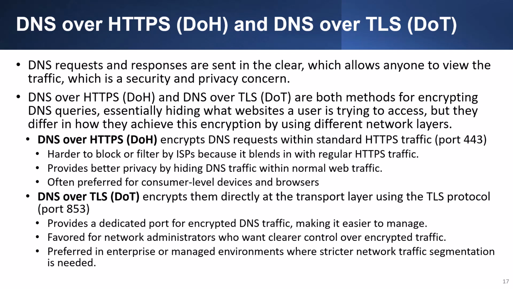DNS over HTTPS encrypts DNS requests within standard HTTPS traffic using port 443. It is harder for an ISP to block or filter because it blends in with regular HTTPS traffic. It provides better privacy by hiding DNS traffic within normal web traffic. It is often preferred for consumer-level devices and browsers.